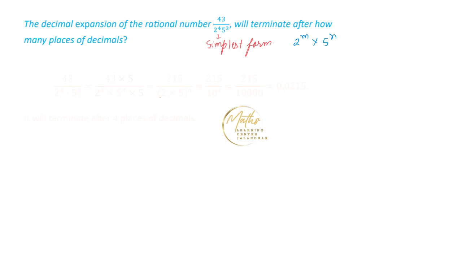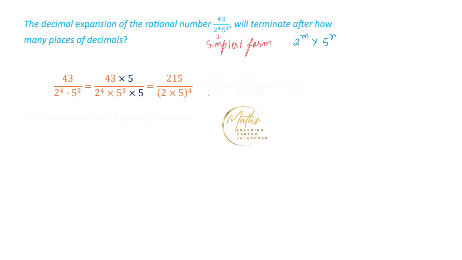So the number is 43 divided by 2 raised to the power 4 into 5 raised to the power 3. The power of 2 is 4 and the power of 5 is 3. To make the powers the same, we multiply and divide by 5. Now the numerator becomes 215, and the denominator becomes 2 into 5 raised to the power 4.